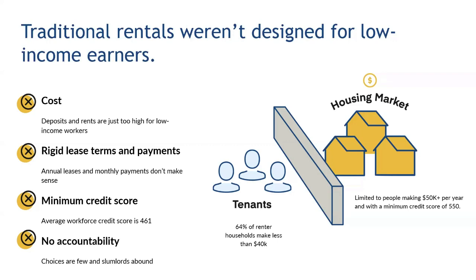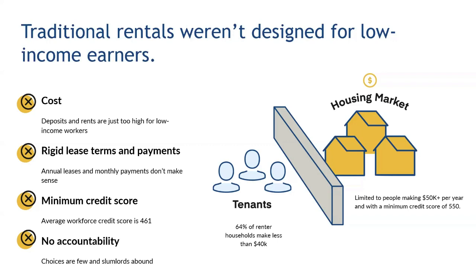The annual lease and monthly payments don't fit the timing of their income. The average workforce credit score is 461. Typically, to qualify for a long-term lease, you're usually at a 640, or in some cases a 680, minimum credit score. And then there are only a few choices for alternatives.